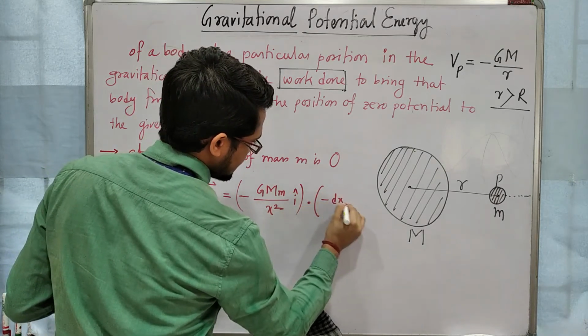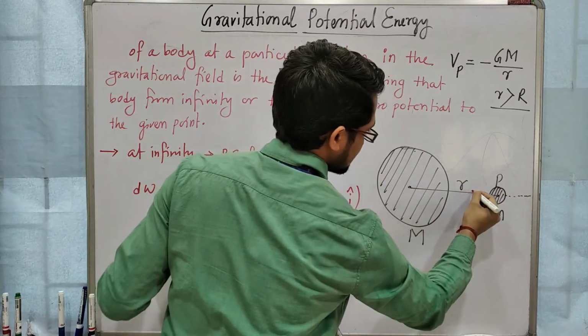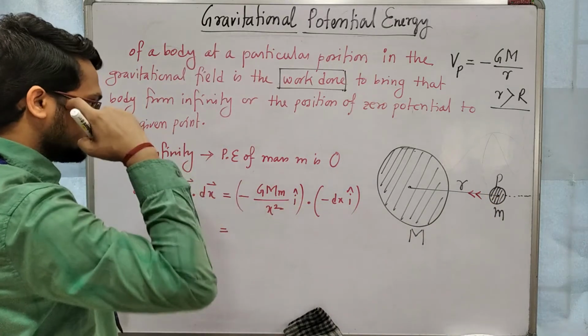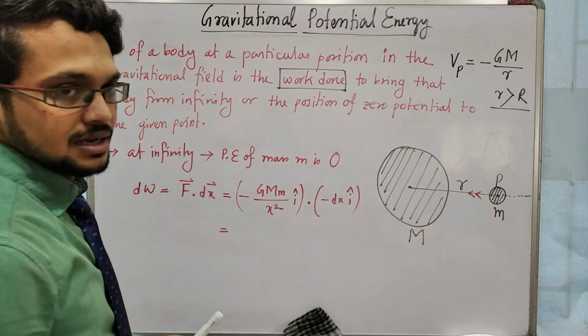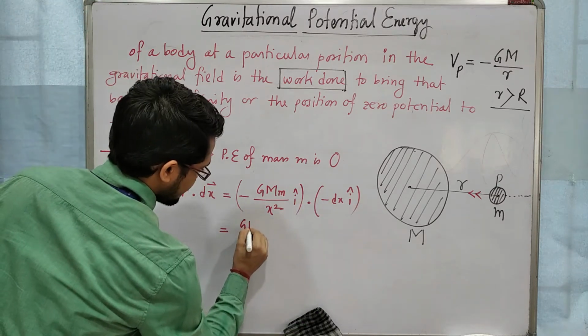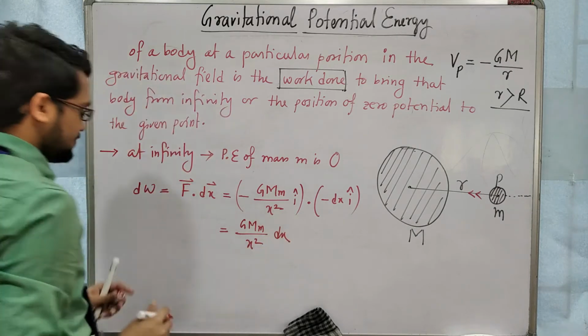dot minus dx i cap, because both are in the same direction: force is in this direction, dx is also in this direction. In this direction means we are taking i cap along the x axis, so minus i cap. So you will get minus GMm by x square dx.